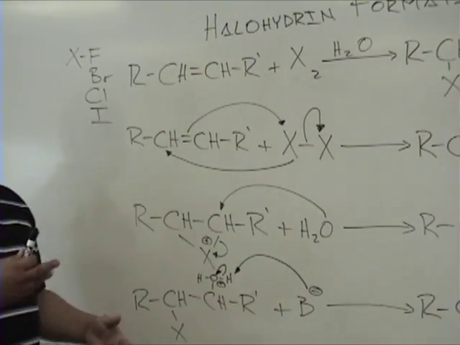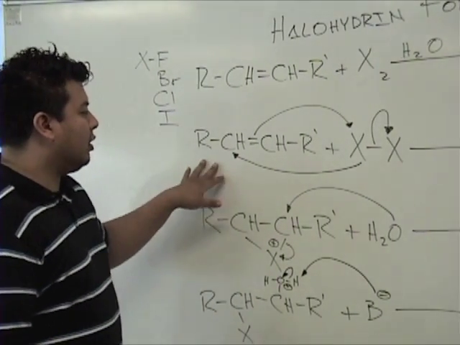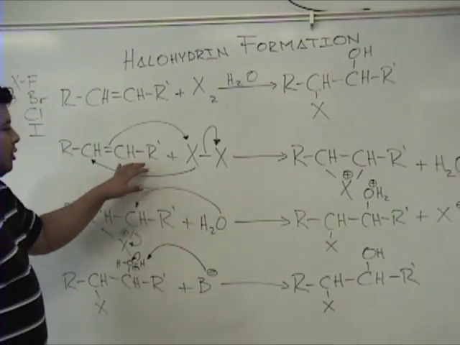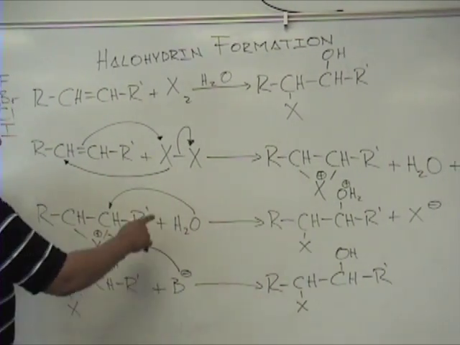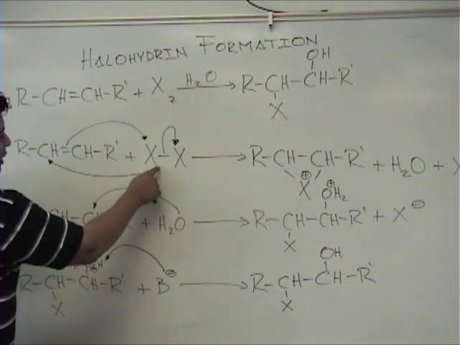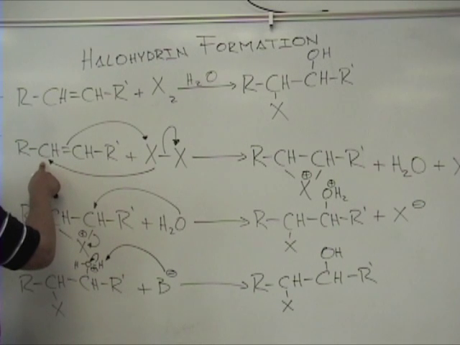The I is going to be attaching and detaching. So this is the mechanism. We have the alkene, and this is all a concerted step. The halogen is going to attack the CH.